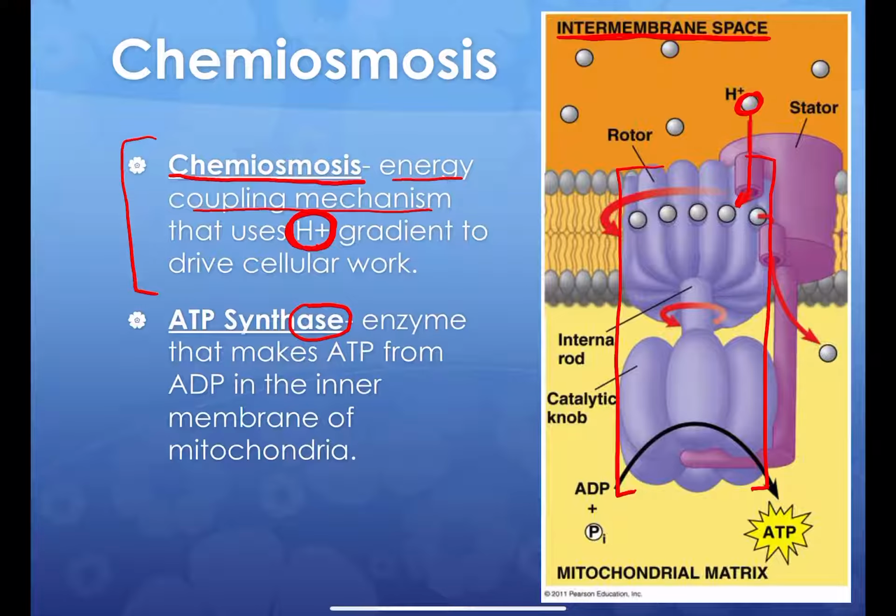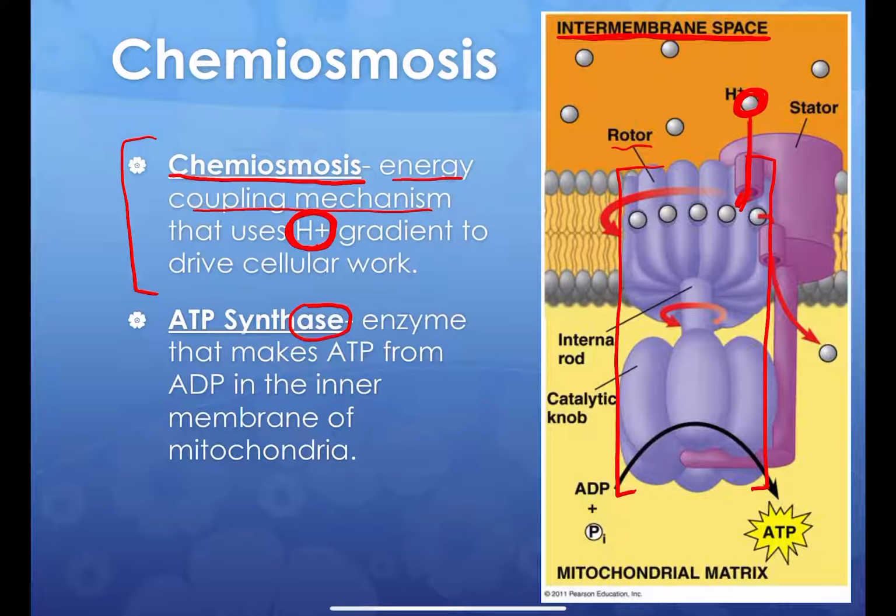The way ATP synthase works is it's kind of like a turbine. In a turbine, it uses the wind to make energy, right? The wind spins the turbines, and that spinning of the turbines causes the generation of energy. What we're using here instead of wind is these hydrogen ions. These hydrogen ions move through this turbine, essentially this ATP synthase, which has a rotor.